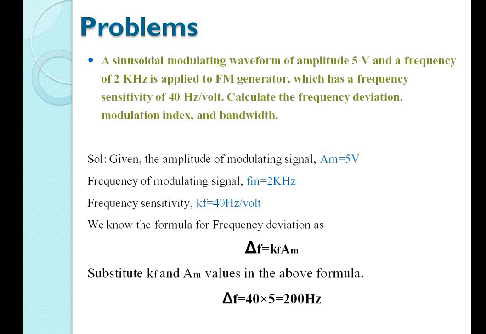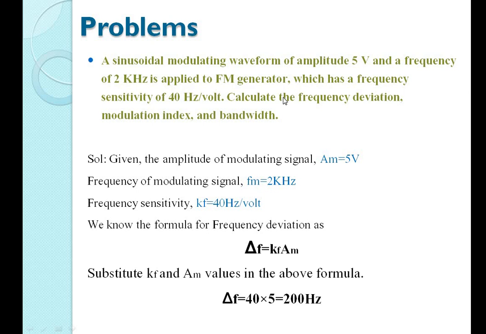Okay, first write the given part. What are the given things that you have over here? First one is the amplitude of the modulating signal, Am equals 5 volts. The modulating signal is nothing but your message signal, and its amplitude Am is 5 volts.